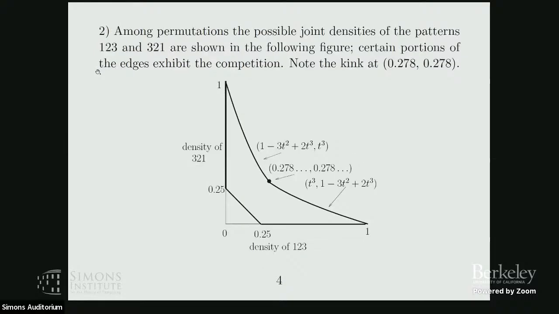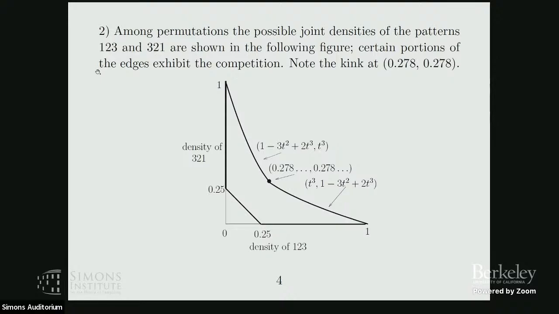And here the extremal problem is to look simply at the boundary. For any given value of the density of 1, 2, 3, determine what the largest possible value of 3, 2, 1 is, and not just what the densities are, but actually what are the permutations that achieve that.